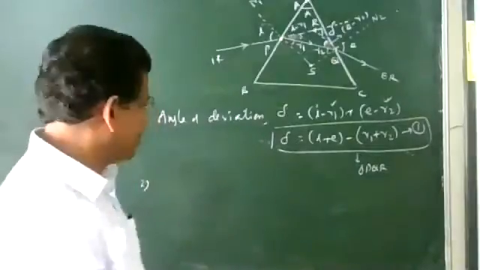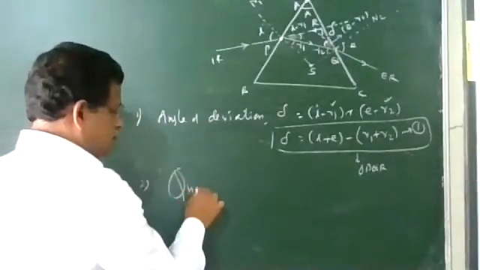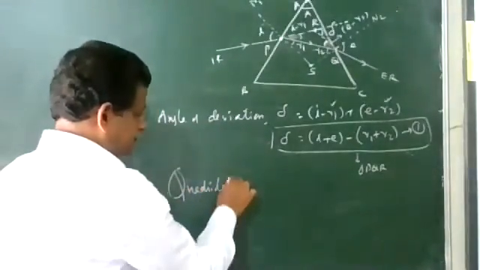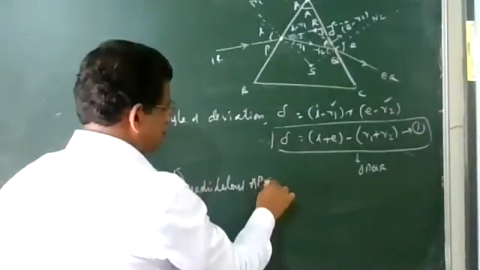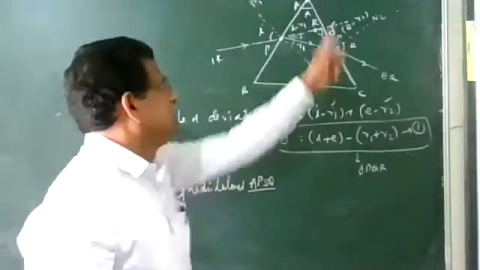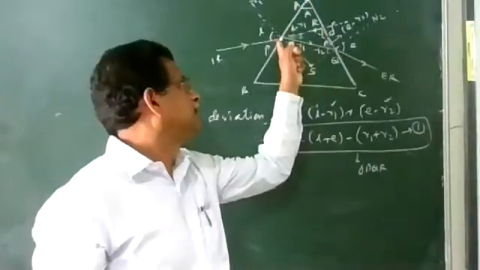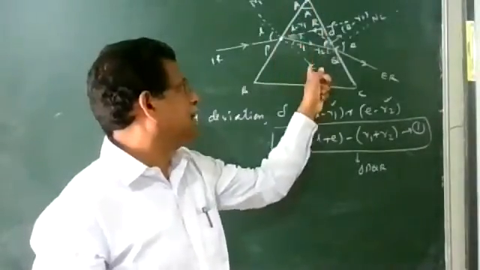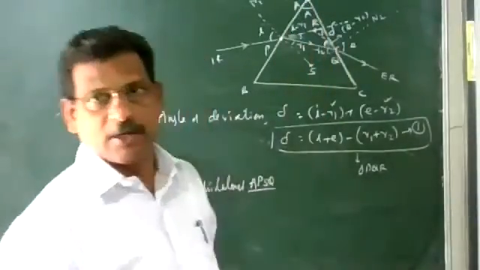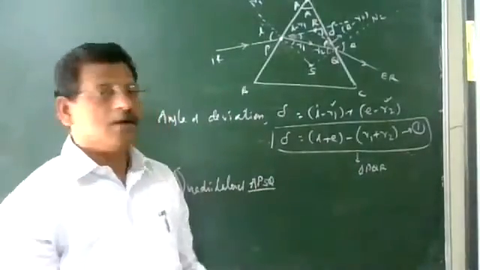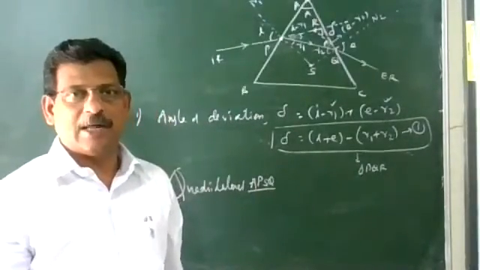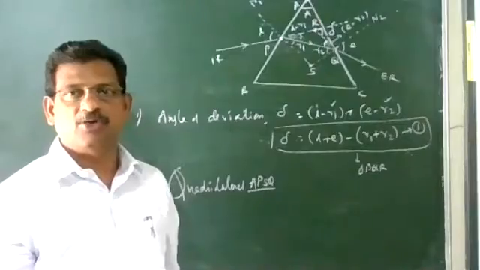Look at the quadrilateral A, B, S, Q. We are adding all angles. The sum of all four angles is equal to 360 degrees.